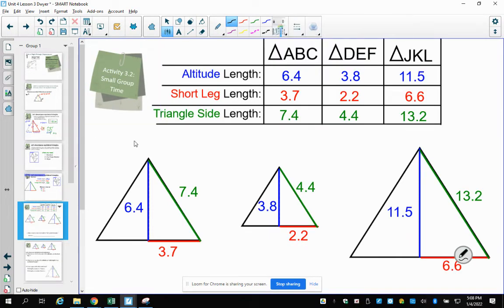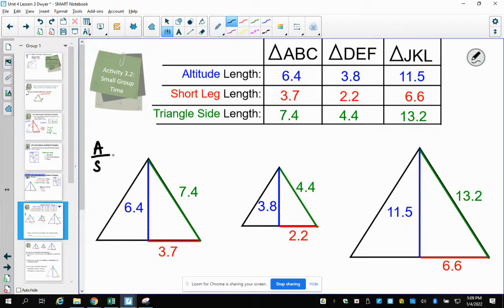Okay, so here are the measurements for each of those triangles. You have triangle ABC, triangle DEF, and triangle JKL. I've labeled the measurements, so you should have measurements close to that. Let's look at some of the different ratios. First, the ratio of the altitude divided by the short leg.